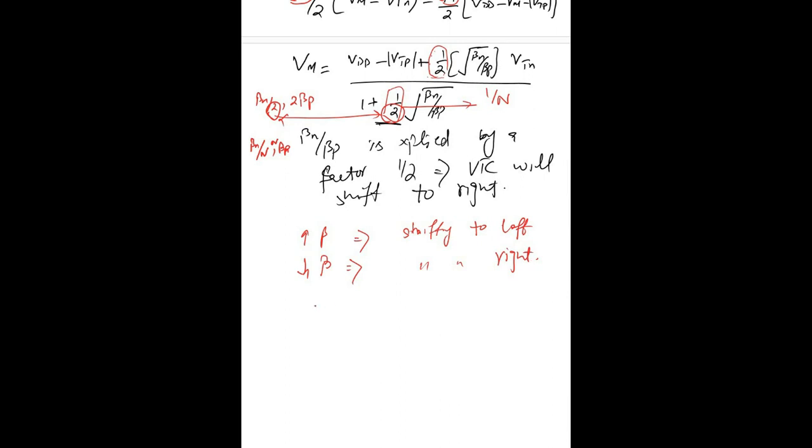So if we have an n-input NAND gate, this factor will be 1 over n. That means the VTC curve will shift more towards the right. So this was a basic understanding of how we can calculate our midpoint voltage.